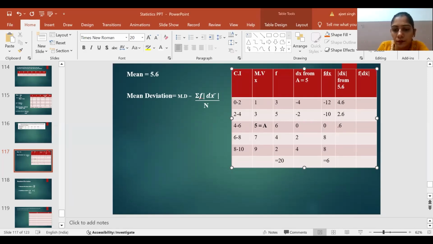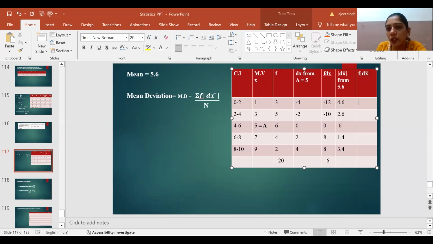Next, 7 minus 5.6 is 1.4. And it is 3.4. Okay. 9 minus 5.6, this is 3.4. This is how we calculate dx bar from mean.